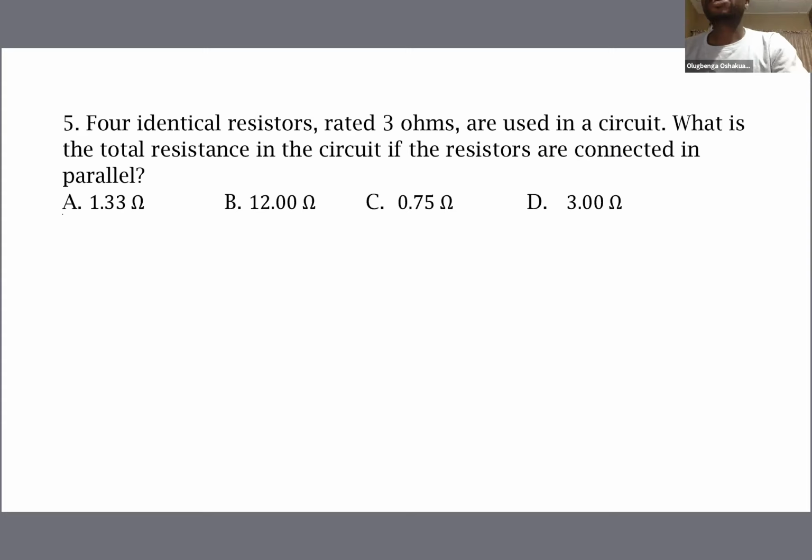4 identical resistors rated 3 ohms are used in a circuit. What is the total resistance in the circuit if the resistors are connected in parallel?